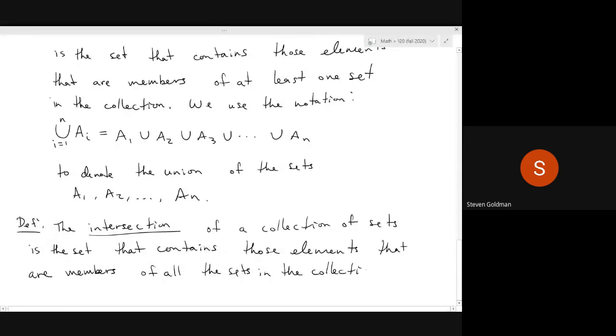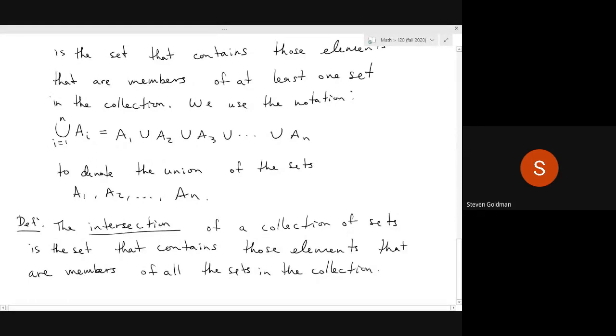So it's really just an extension of what intersection means. An intersection of a bunch of sets would be a new set. What elements are in that set? Only those elements that are in each of the sets, that all the sets share in common.